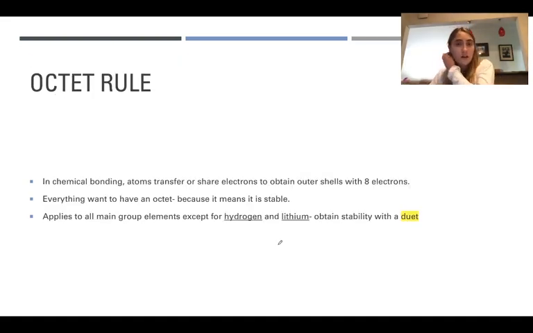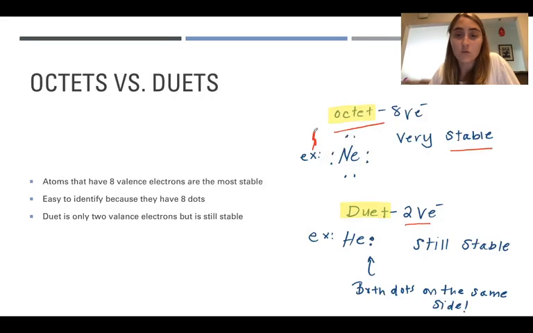Okay, so what's the octet rule? The octet rule basically says that in chemical bonding, so we just mentioned chemical bonding on that previous slide, atoms transfer or share electrons to obtain outer shells with 8 electrons.